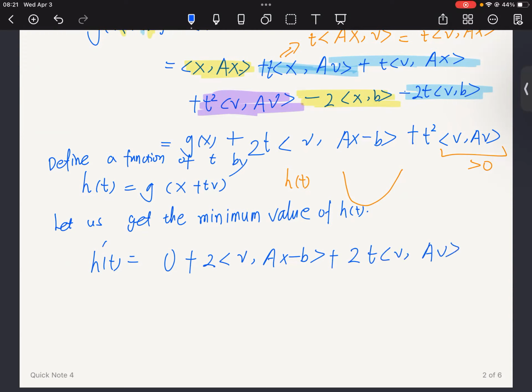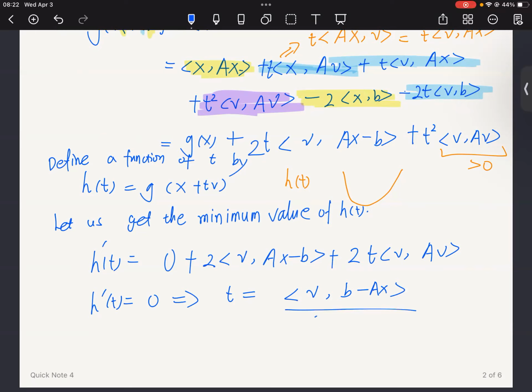As we just said, we want to get the critical point, which means that we want to let h prime(t) equal 0. And what do we have here? We have t equals the inner product of v with, and I'm going to change the sign here, (Ax minus b), and if I change the sign, that is b minus Ax.